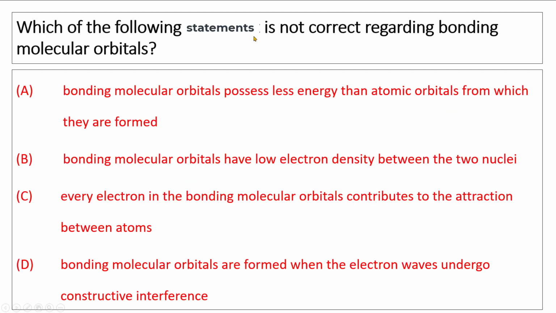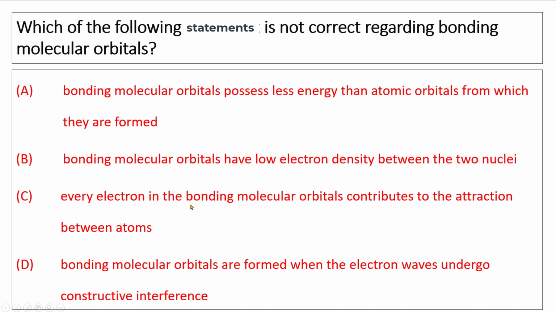Which of the following statements is not correct regarding bonding molecular orbitals? Bonding molecular orbitals possess less energy than atomic orbitals from which they are formed. Bonding molecular orbitals have low electron density between the two nuclei.